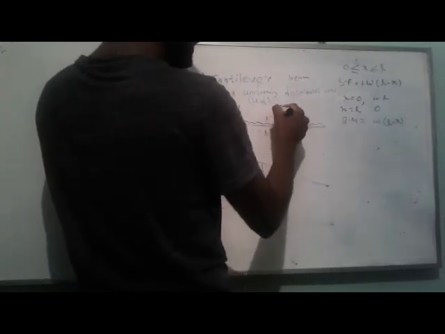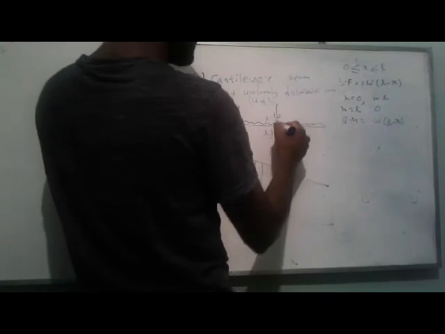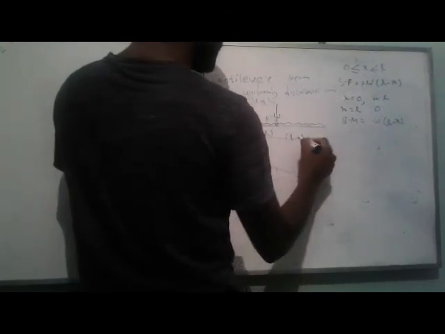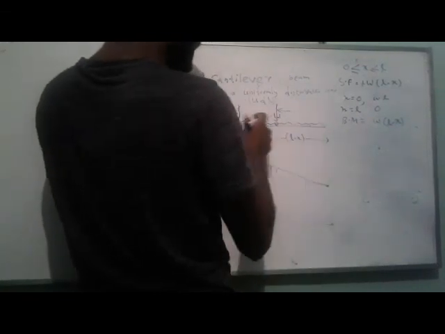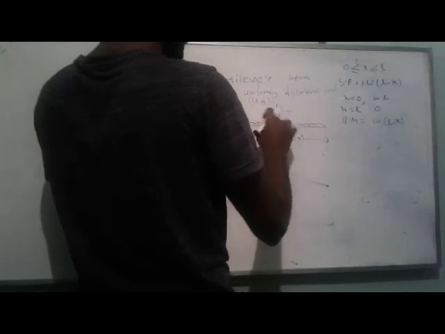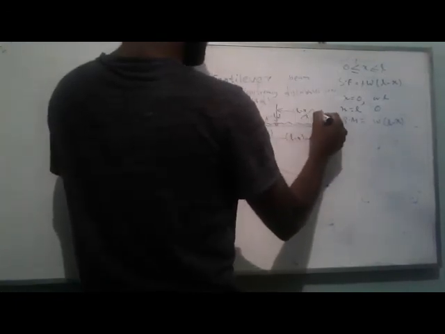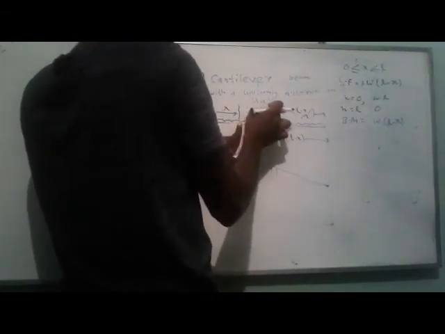As I said earlier, this load acts at the middle of this section, where this length is L minus x, so the perpendicular length is L minus x over 2.